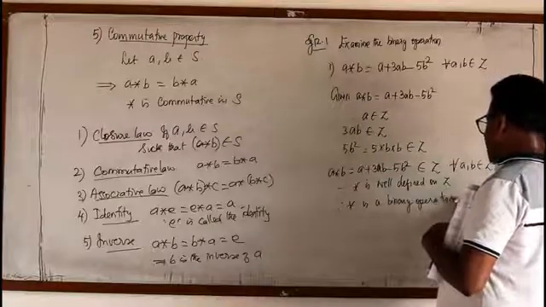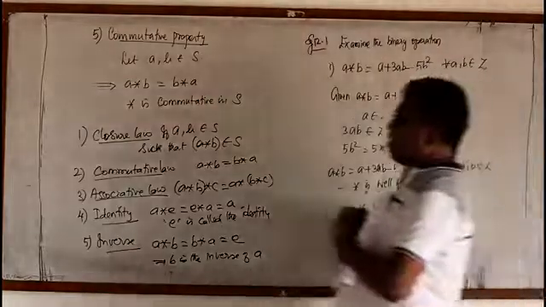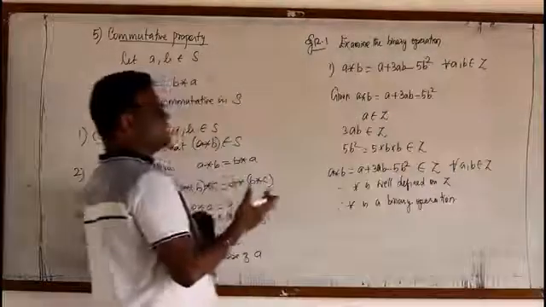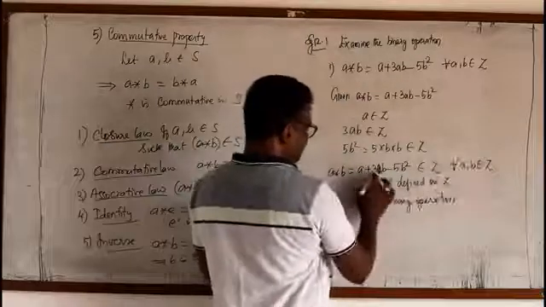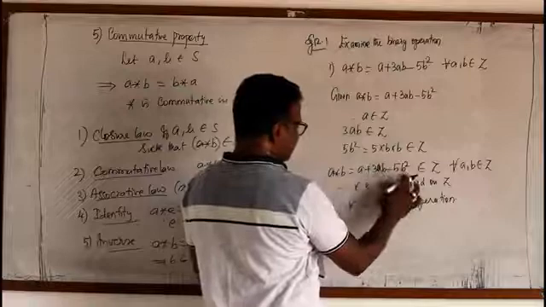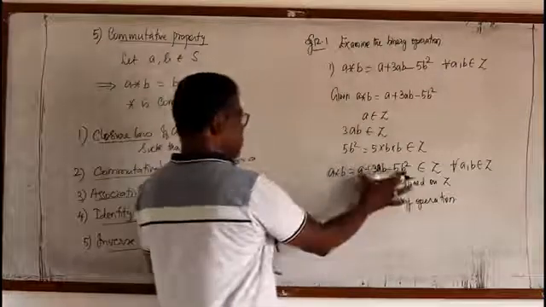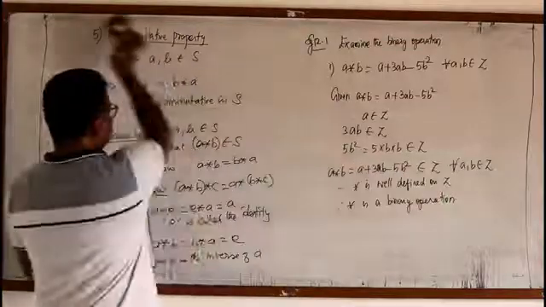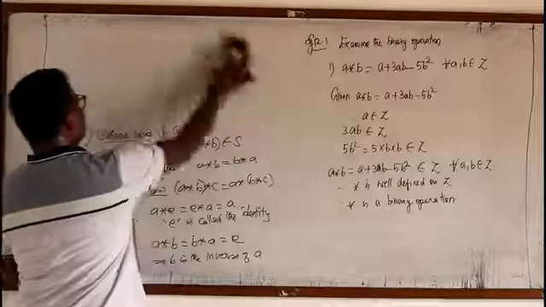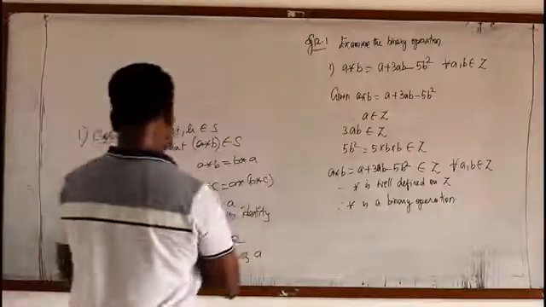So this is what we have to check, whether this operation is existing in Z or not. How can we say that this operation is existing in Z? When the final answer is also in Z. So when I multiply 3AB, 5B square, and add and subtract, definitely the whole result will be an integer. Therefore it is existing in Z. Therefore the star is a well defined binary operation on Z.